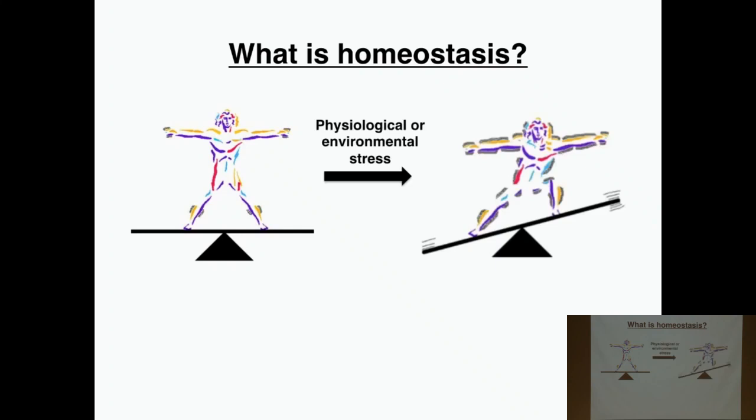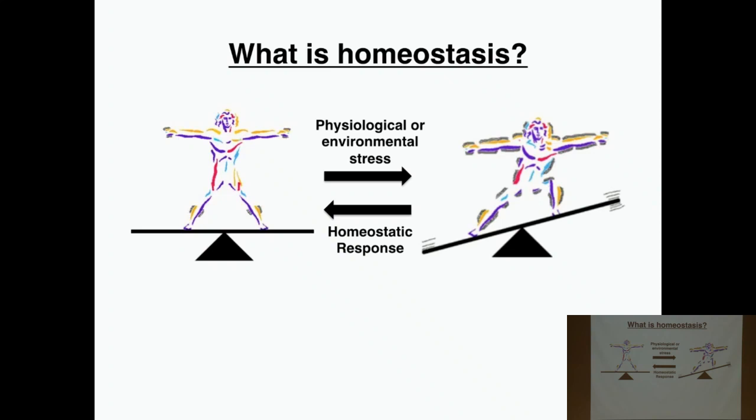Homeostasis is what allows us, in response to some kind of physiological or environmental stress, to rebalance things and get back to normal. When we undergo some kind of stress, we get thrown out of balance, and then a homeostatic response allows us to get back in balance where we need to go.